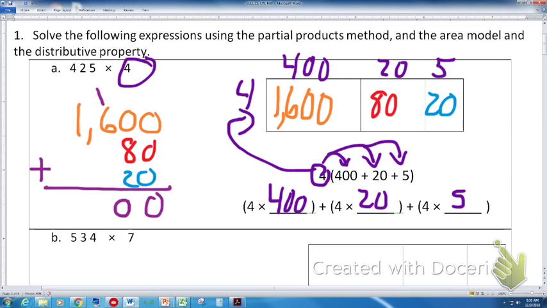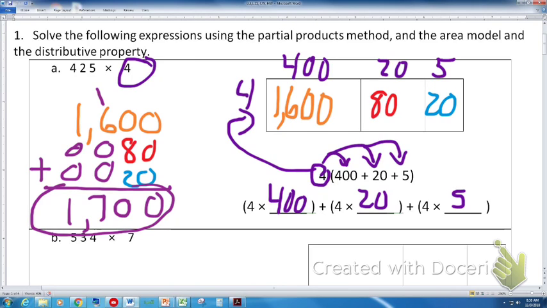Carry my 1. 6 plus 0 plus 0 plus 1 is 7. And then 1 plus 0 plus 0 is 1. So our answer is 1,700.